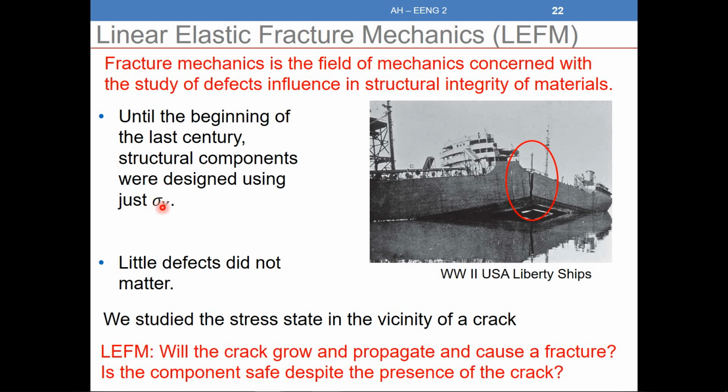So as we said in the previous lecture, the only failure that was taken into account was the yield criteria. We used to design everything based on the yield criteria, but we did not pay attention to the little cracks or little defects. We did not consider them in the design.